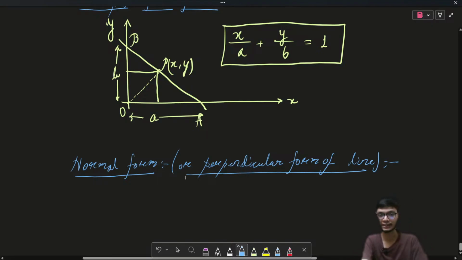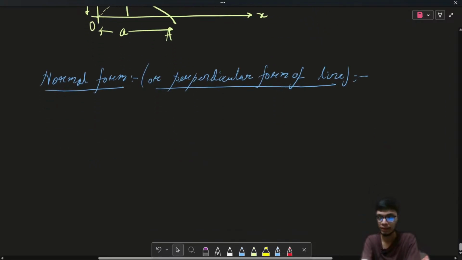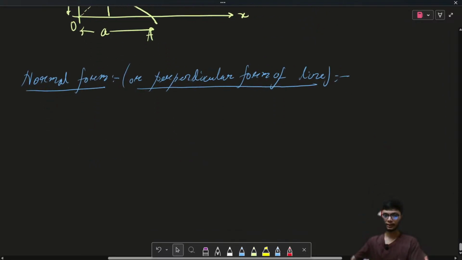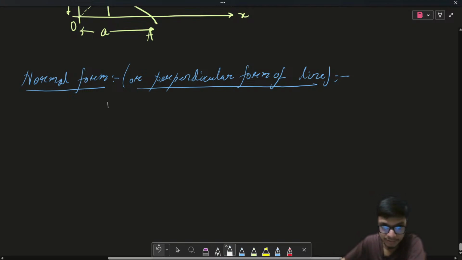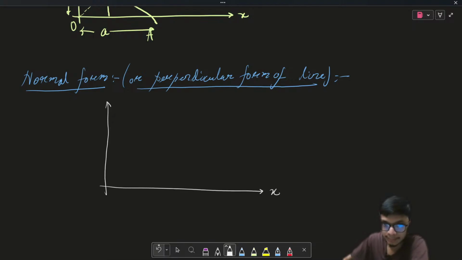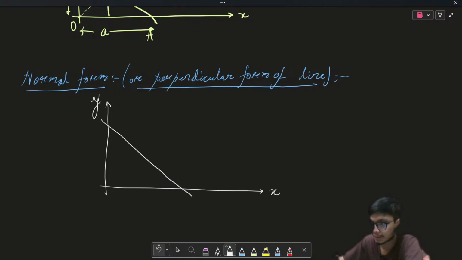The normal form of line is defined as follows. Again I define my coordinate axis like this. Let us say this is my x and y axis. The problem over here is that we have been given this particular line.